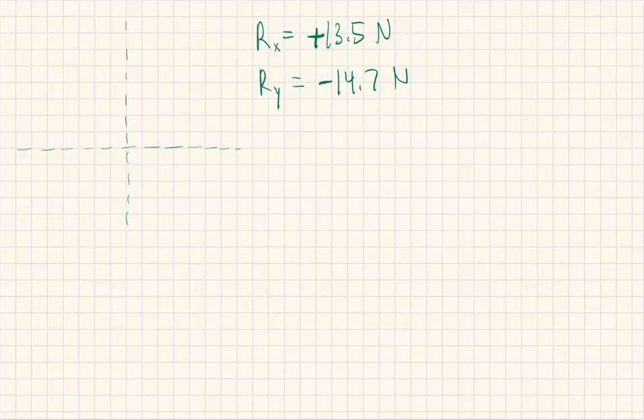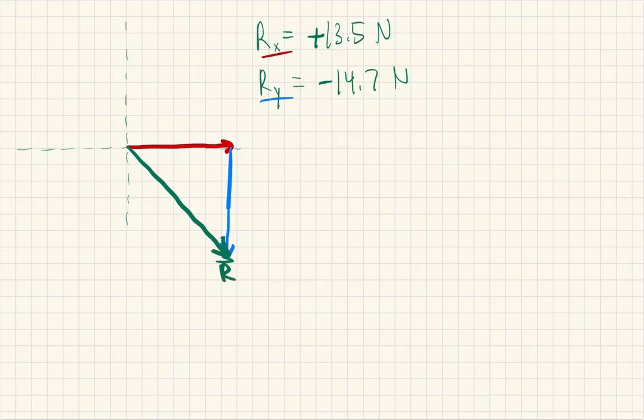Okay, then if I drew this in red here, then you would have a positive x component, and then the y component, let's just say, is still negative. Sorry, let me draw that a little longer since 14.7 is indeed greater than 13.5. So it should look something like this, our resultant vector.